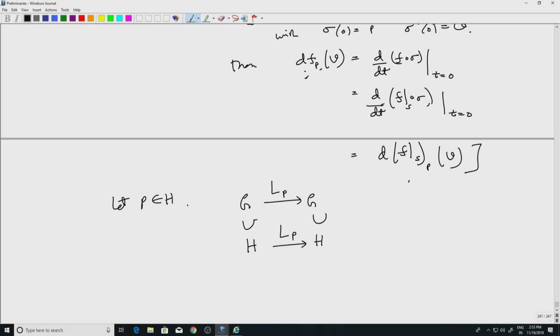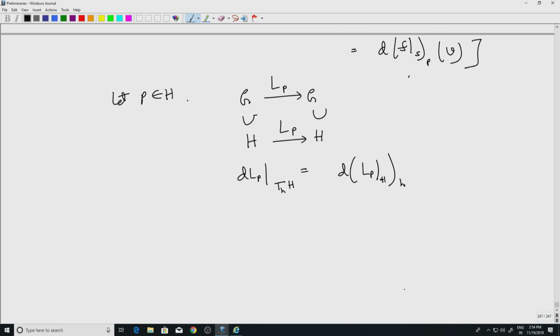So from what we just discussed, dL_P restricted to the tangent space at any point in H is the same as dL_P restricted to H. So if we act it on the vector V, here I take H to be identity.